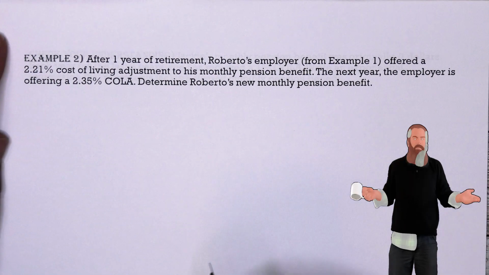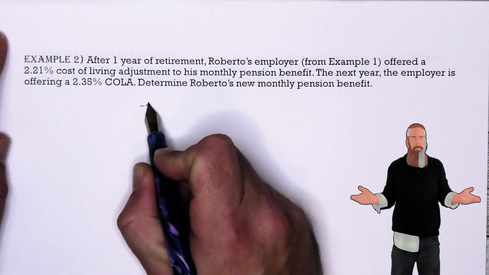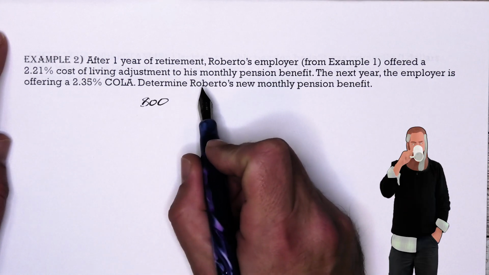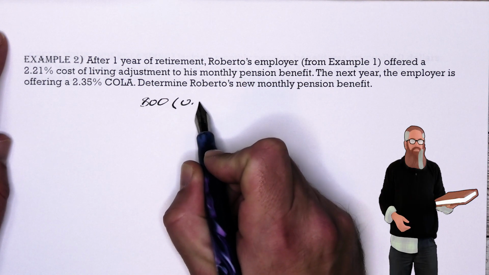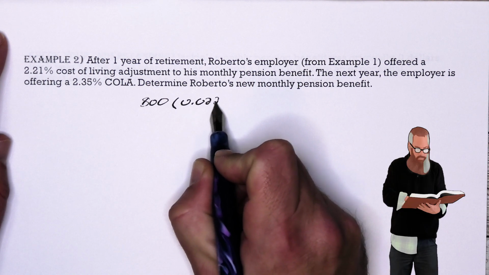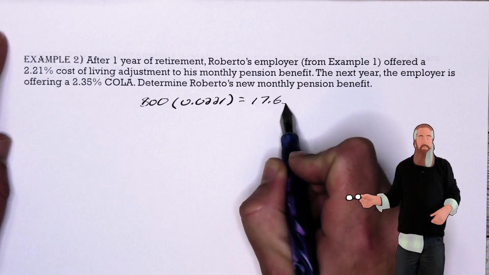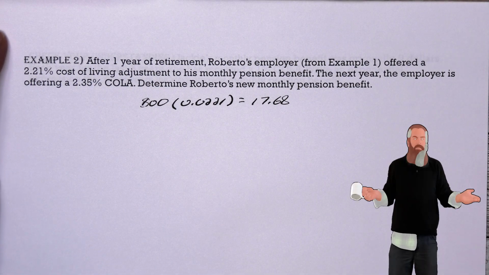In the first problem, we learned that Roberto's monthly pension benefit was $800. Multiply the monthly pension benefit by the first cost of living adjustment, which was 2.21%, so 0.0221, and we get 17.68. Roberto's cost of living adjustment is $17.68.